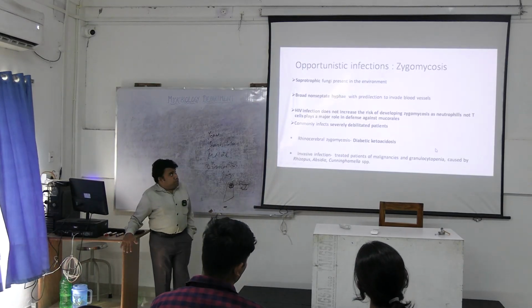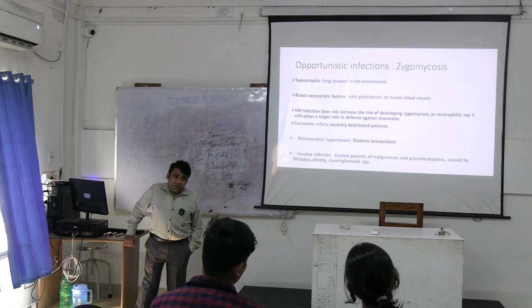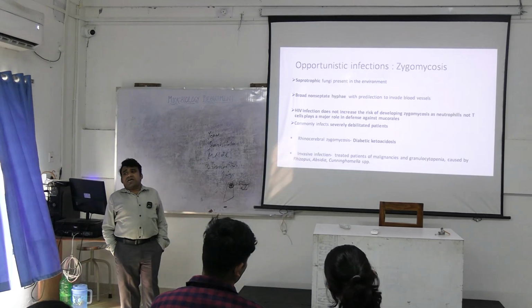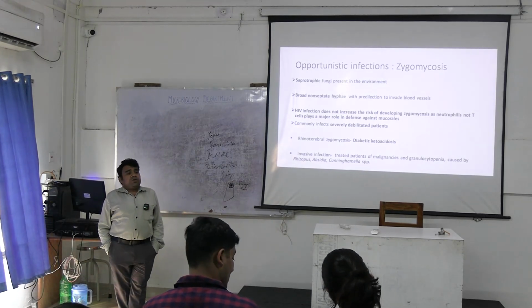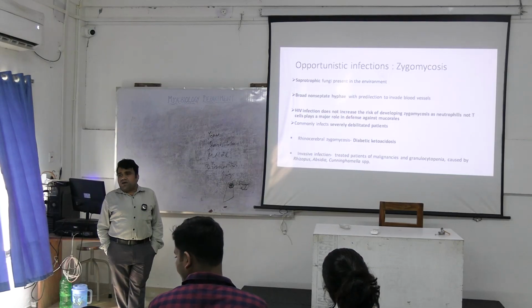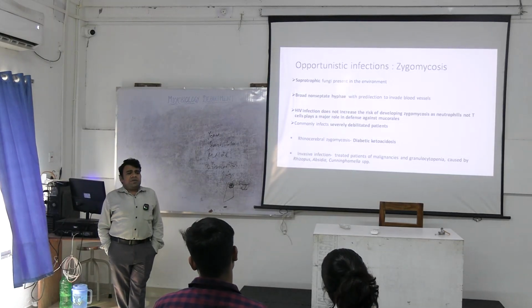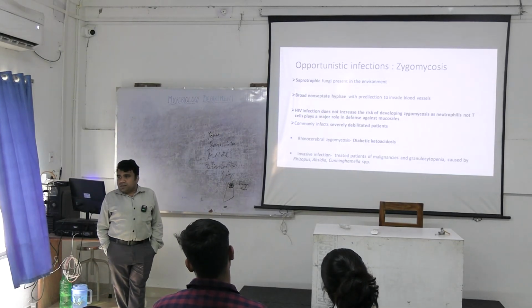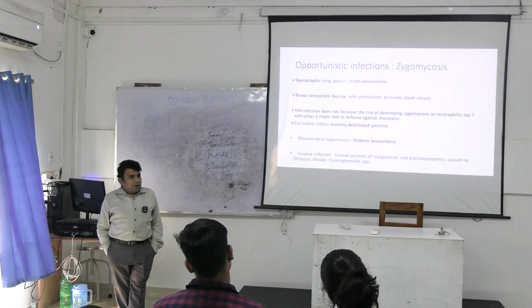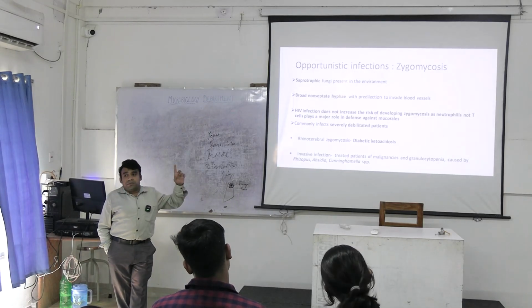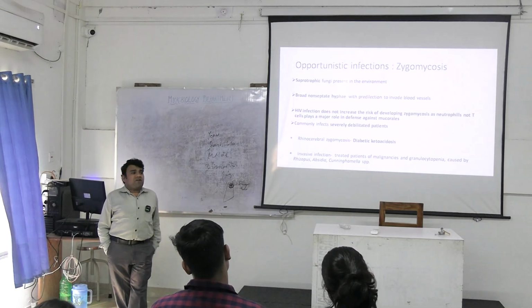The last but very important opportunistic fungal infection is called as zygomycosis. Now, during the COVID pandemic, if you have heard, there were repeated cases of black fungus. Have you heard about it? So this is the fungus which causes black fungus.